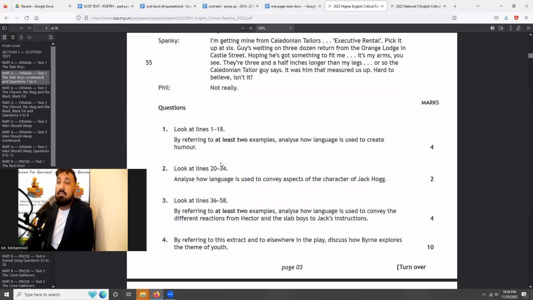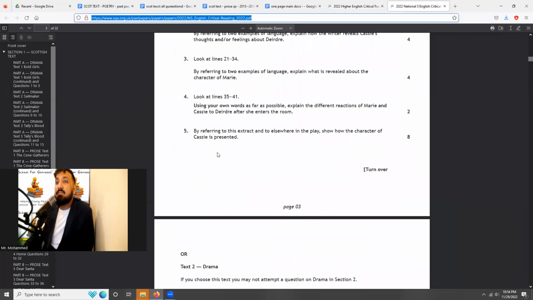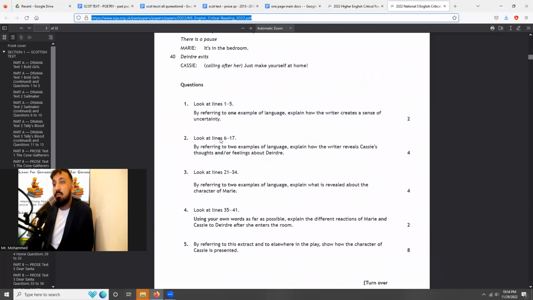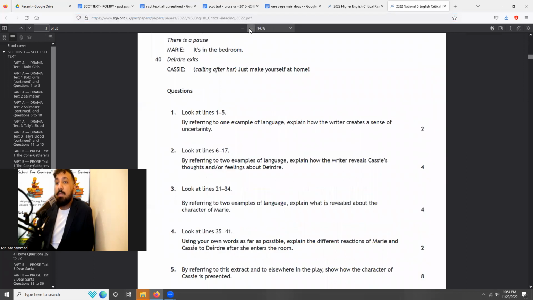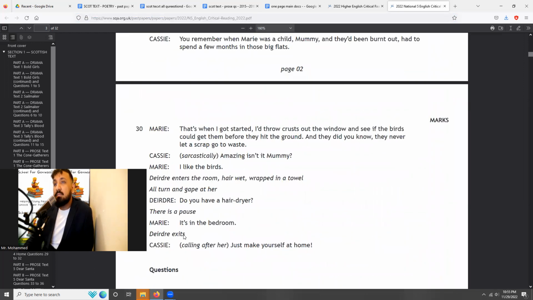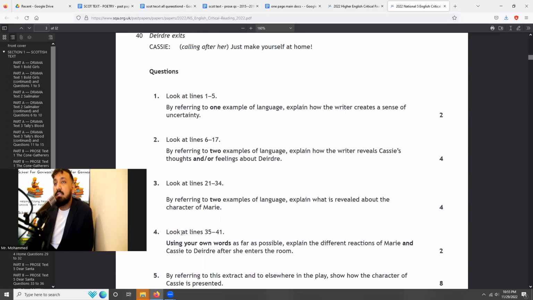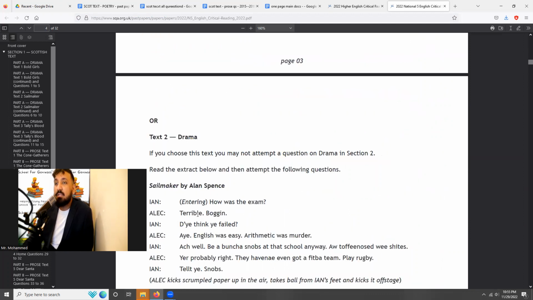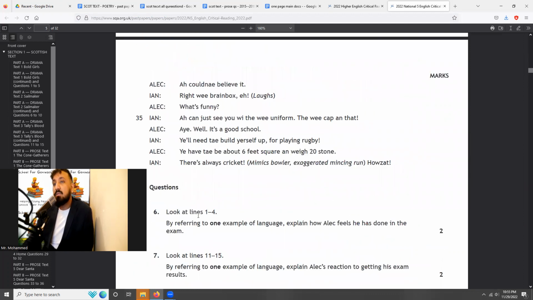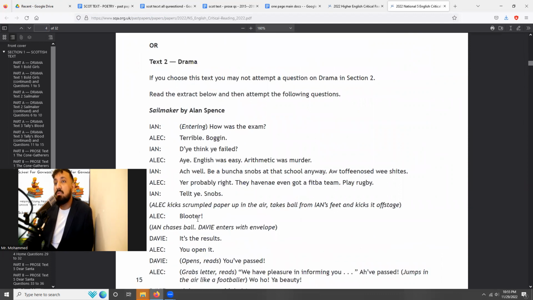Normally these will be three questions at Higher, and four questions at National 5. But again, it looks the same. You have an extract, and then three or four questions on that extract. The extract is not very long, usually just a page or so.